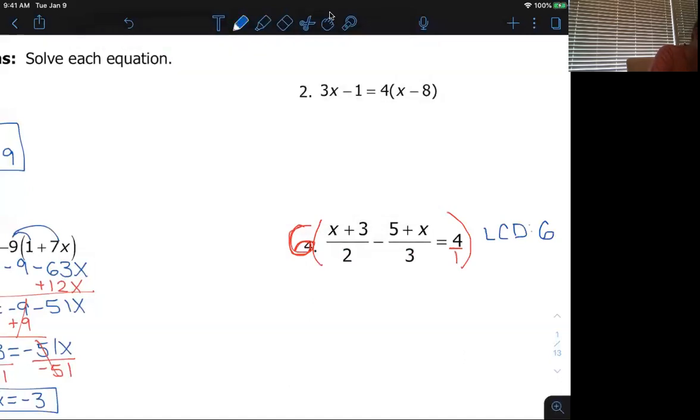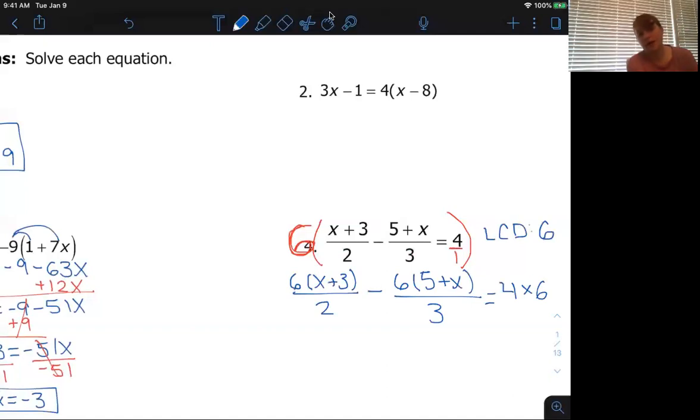So notice in this first part here, and I'm going to show this extra step, and I might erase it. When you multiply this, this is going to do 6 times x plus 3, and then it's over 2, minus 6 times 5 plus x over 3, and then you're going to end up having 4 times 6.